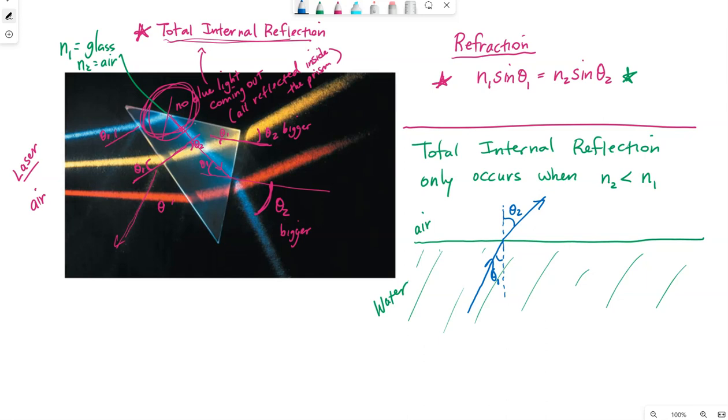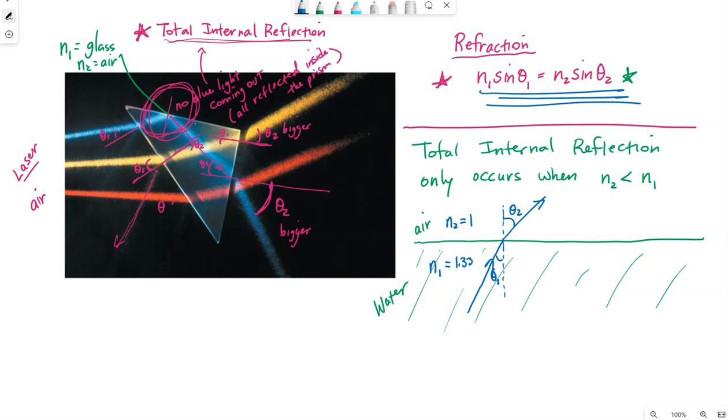Snell's law tells me that because N1 is bigger than N2. If light exits into a medium where the index of refraction is smaller, then the angle it makes with the normal will be bigger. That's what Snell's law up here tells us.